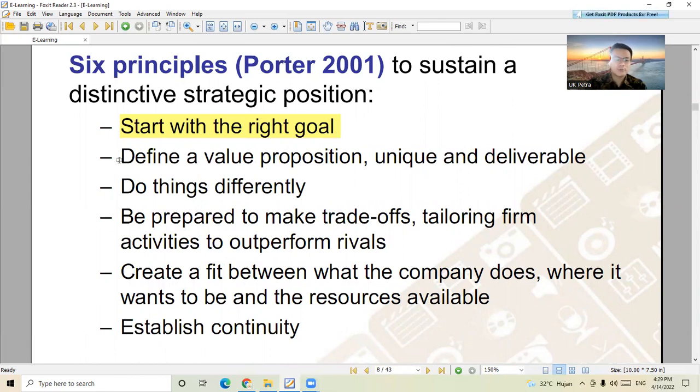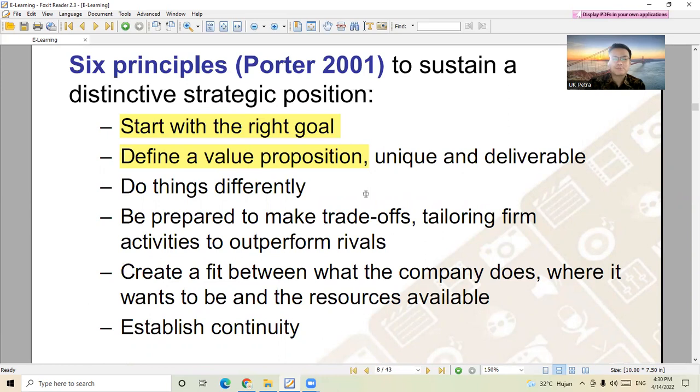The second thing that we have to be concerned about is to define a value proposition, whether our proposition is unique, and not only unique but also deliverable. Yeah, so in marketing we call it the USP, or unique selling point.